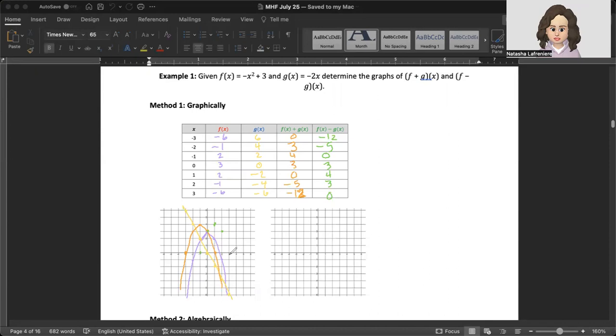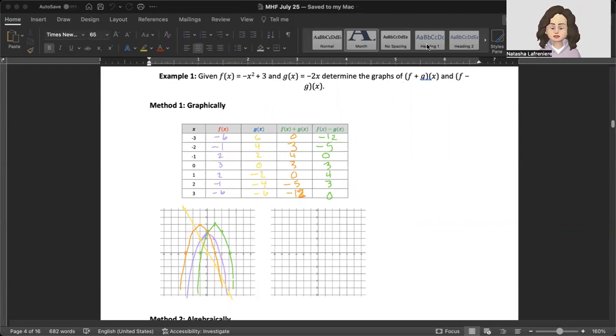And this is why we do it on 2 graphs. I suggest that when you do draw it, you're drawing it on 2 different graphs, but it gives you an idea of what f of x looks like, g of x, the sum of f and g, and then the difference of f and g.